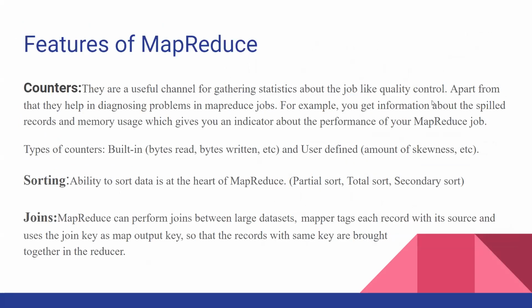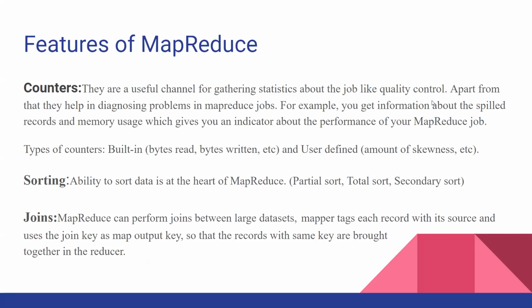Some key features of MapReduce are counters. They are very useful for getting statistics of a job and also help us determine the quality of the job. Apart from that, they can help us in diagnosing any problems in MapReduce jobs by providing logs. The kinds of counters are built-in and user-defined.